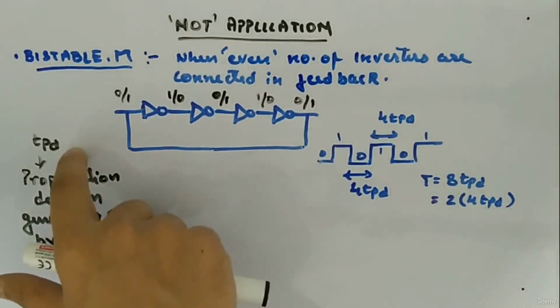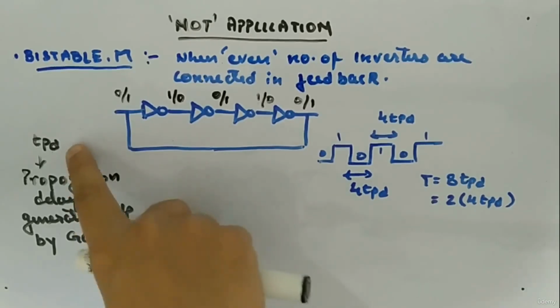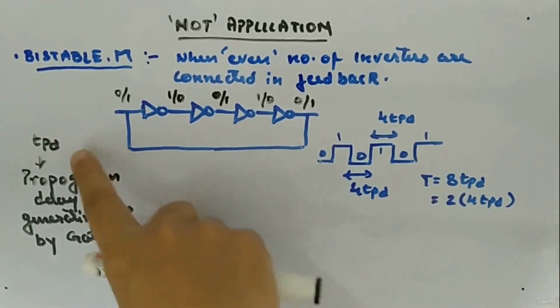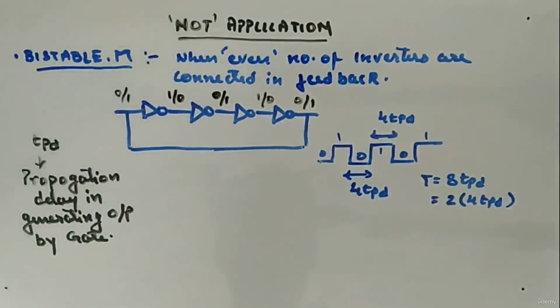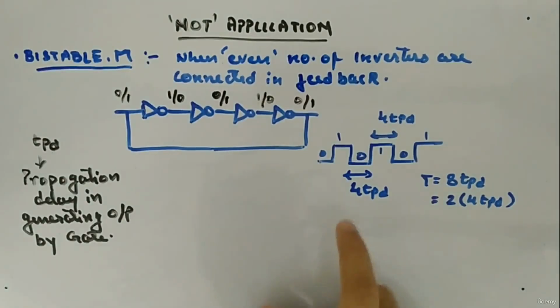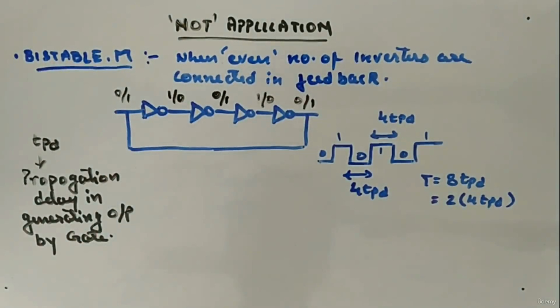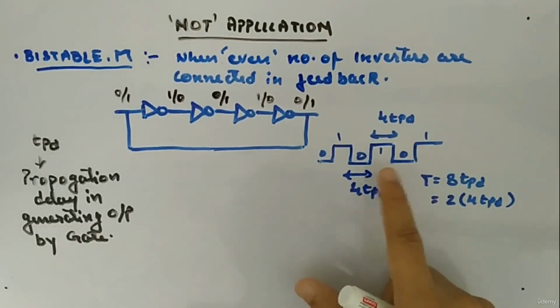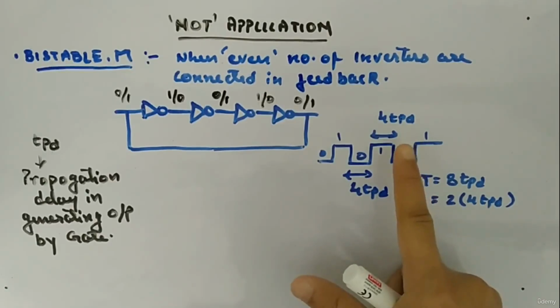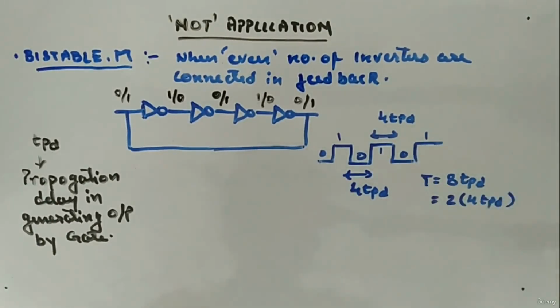So if TPD is for one gate, second gate TPD, third gate TPD, fourth gate TPD, then to generate output you will require a total of 4 TPDs for it to be in one state. Okay, 0 is in 0. Now how about 1? If you start with 1, it will also stay in one state for 4 TPD. So the total time period will be 2 into 4 TPD, that is 8 TPD.